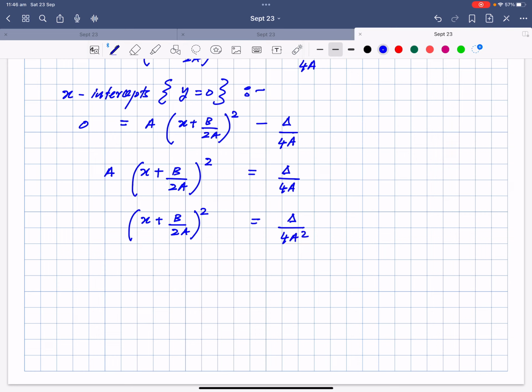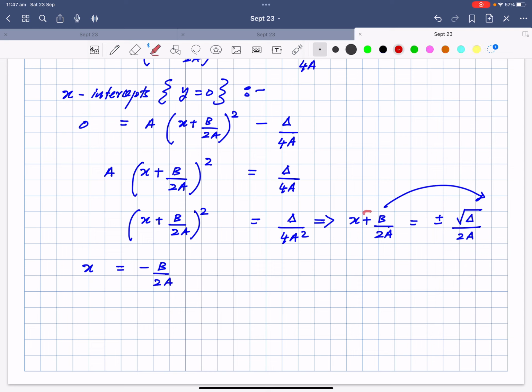Then you take the square root. So when you take the square root, you get x plus b divided by 2a, which is equal to plus or minus square root of delta. The square root of 4a squared is going to be 2a. Then to isolate x, you move this to the right hand side, so that becomes x is equal to minus b divided by 2a, right?